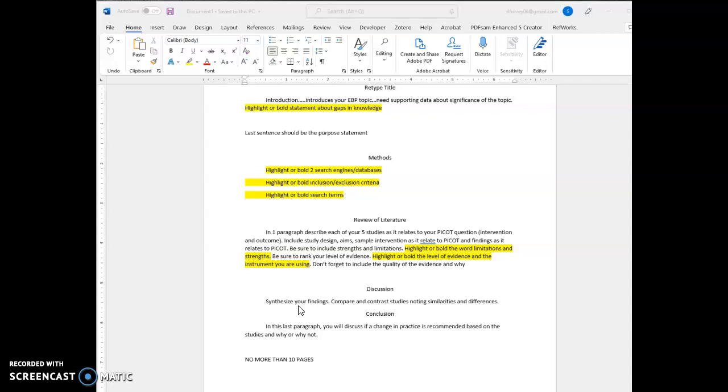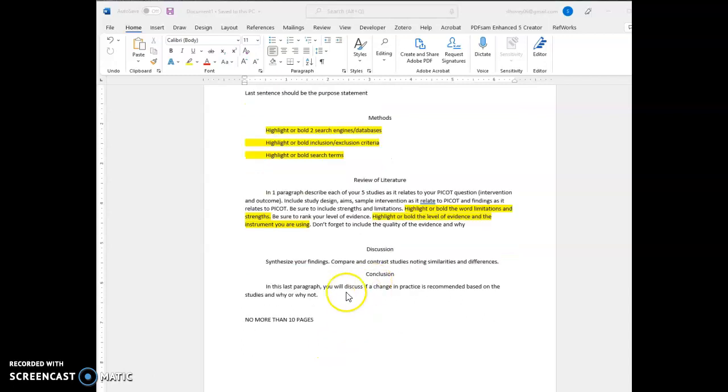You might say 4 out of 5 studies found this, or only 1 study found this. And then talk about why you think that's so. You can't use first person, but you can put your opinion in when you are discussing the similarities and differences in these articles.